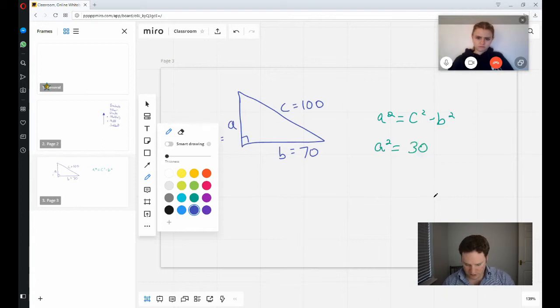I don't know why I choose such big numbers. It's going to take longer to type into the calculator. So that's not correct. Because 100 minus 70 would be 30. But it's 100 squared. Oh yeah. Thank you. So if you type in your calculator 100 squared minus 70 squared, you get 5100.